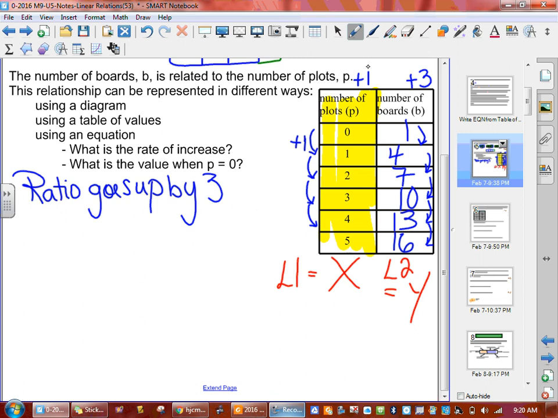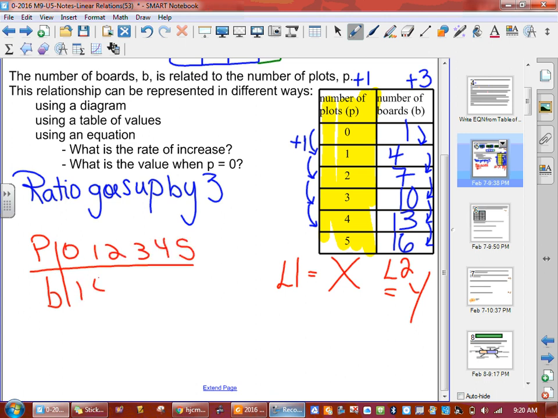P for plots, B for boards, and I could have 0, 1, 2, 3, 4, 5, and 1, 4, 7, 10, 13, 16. So they could write it horizontally as well. If it's horizontal, it still goes alphabetically. So what that means is the top one is list 1, which is X, and the bottom one is list 2, which is Y. Because in the alphabet, X comes before Y, and numerically, 1 comes before 2.